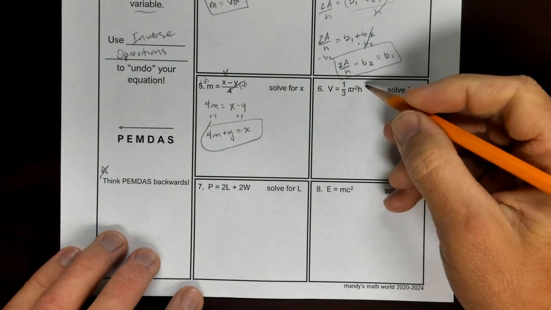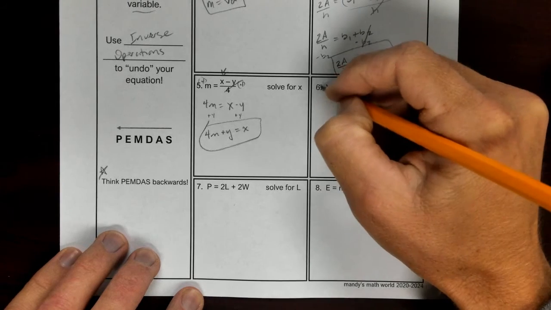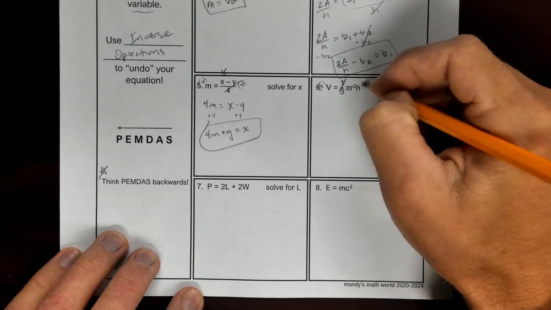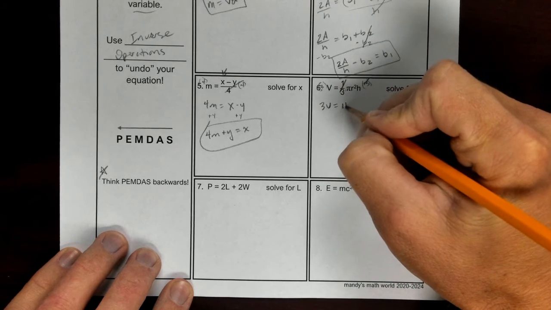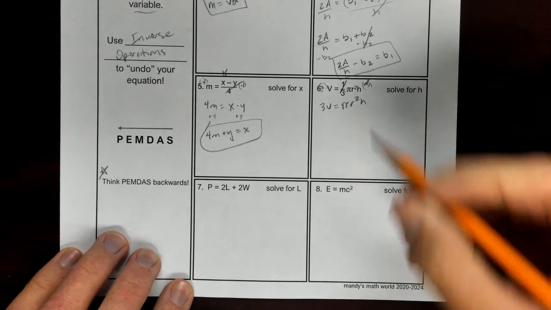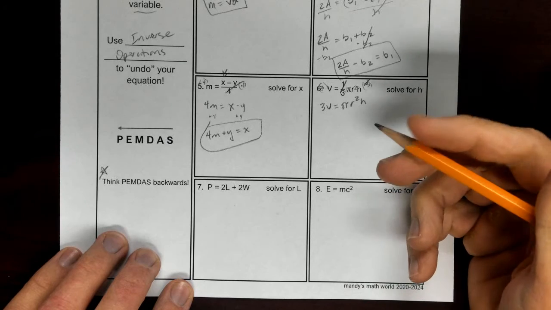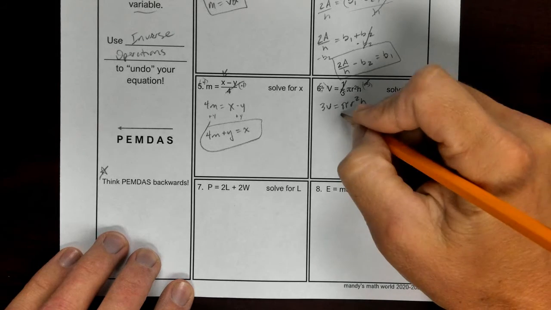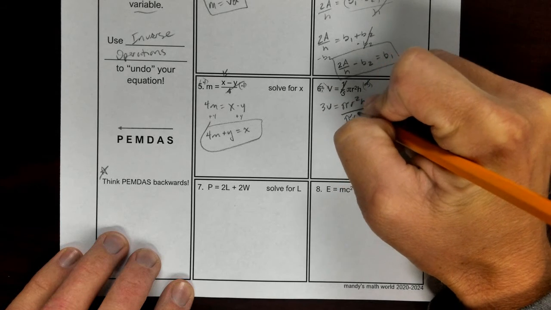Solving for h on number 6, so I want to get rid of my 1/3, multiplying by 3 on both sides. 1/3 multiplied by 3 cancels out, so we have 3v equals pi r squared h. Now, pi is a number, r squared in my mind is a number, so I'm going to divide by pi r squared, because those are all multiplied together.